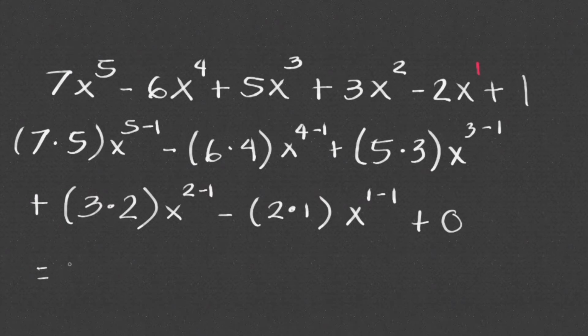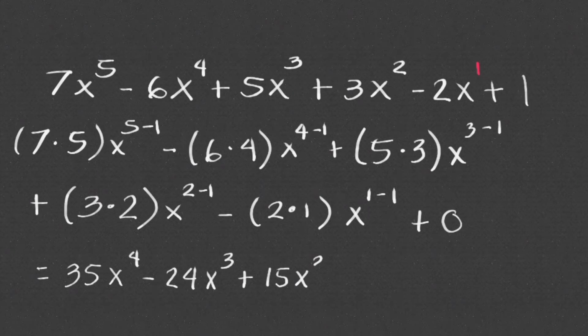Equals 35x raised to the 4th power minus 24x cubed plus 15x squared plus 6x minus 2. Therefore, that is the final answer for the given problem.